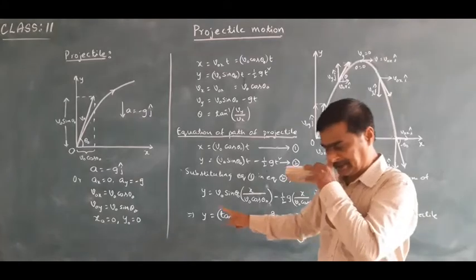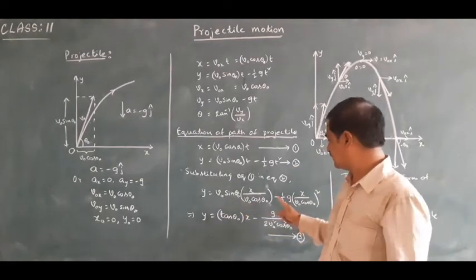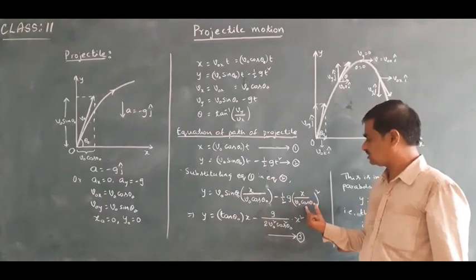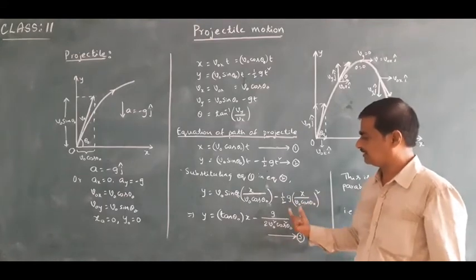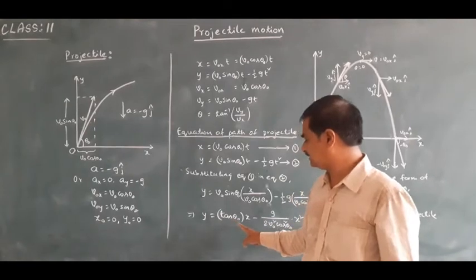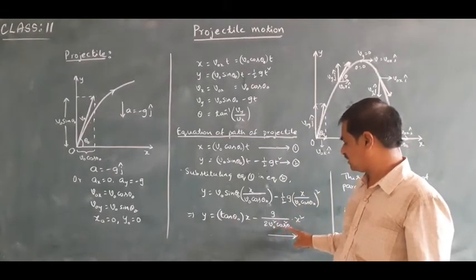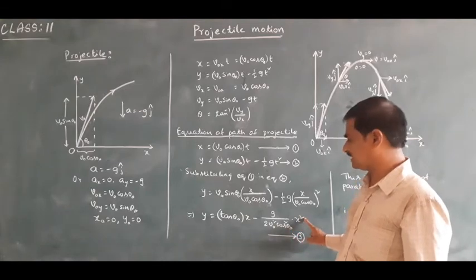Then minus half g into, instead of t, x by v naught cos theta naught whole square. We get y is equal to tan theta naught x minus g by 2 v naught square cos square theta naught into x square.